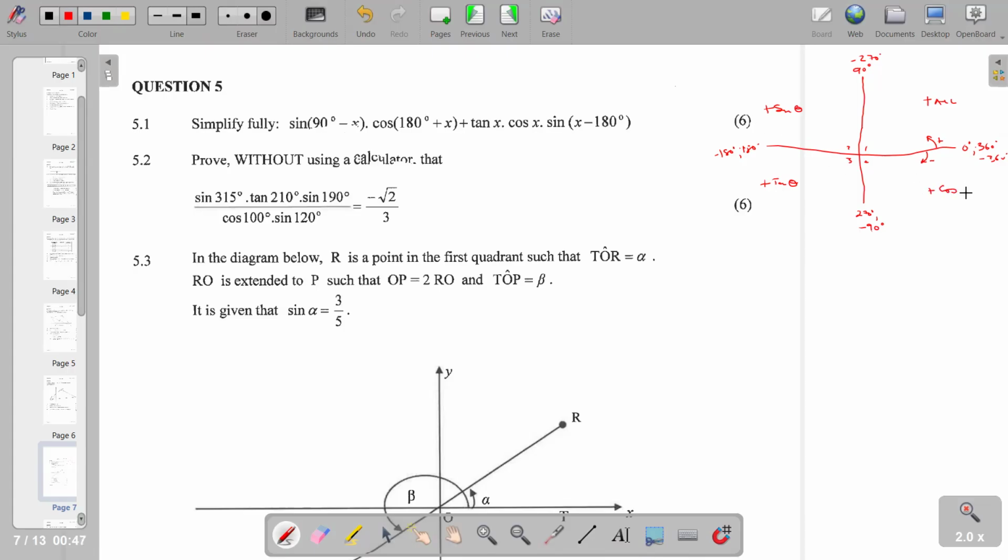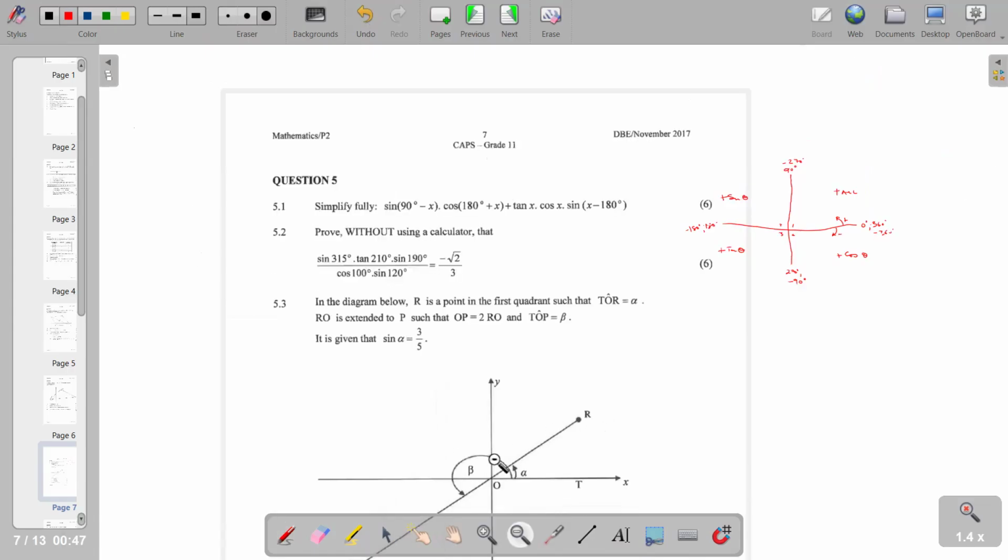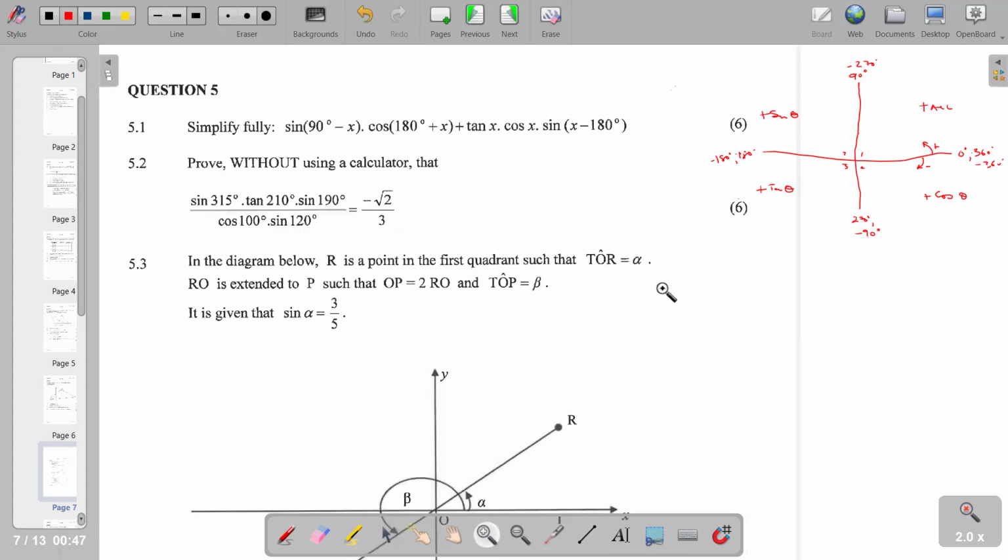So, answering the first question, we are saying our 90 degrees is here, minus, we assume that our x is an acute angle.